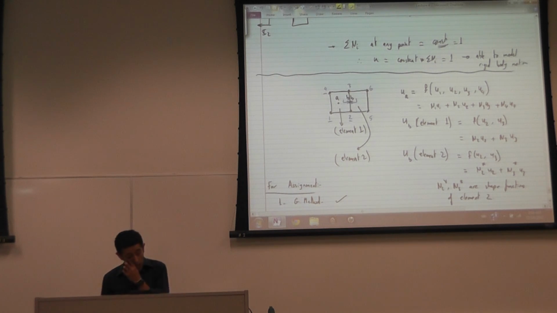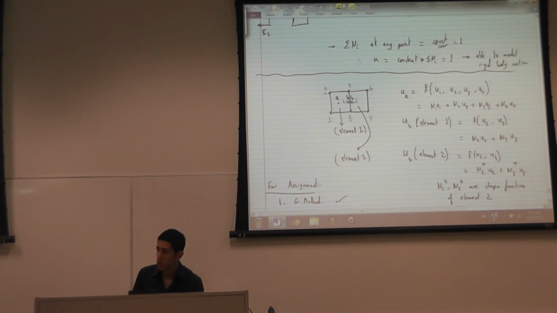Which tells me that if I have a domain made out of these elements, the elements will be compatible, and by compatible we mean that the displacements on the sides will be the same. The displacement of any point from one element on one side will be equal to the displacement on the element on the other side.